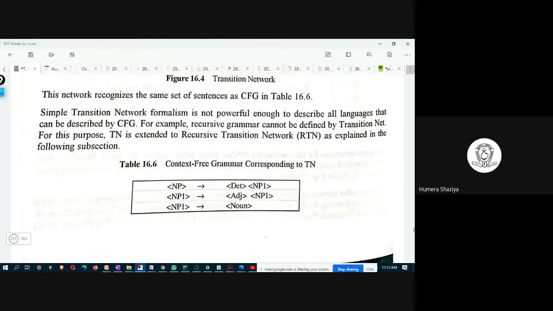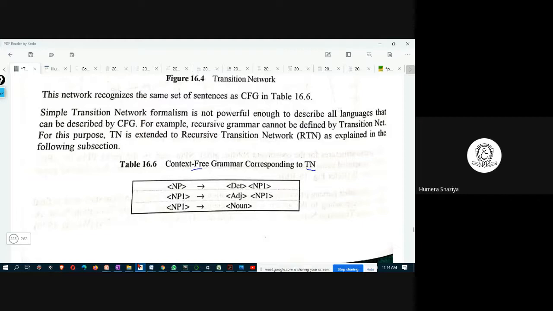This is the context-free grammar. Grammar means where it gives the rules, production rules. Context-free grammar corresponding to this transition network. Noun phrase is defined as determiner NP1, meaning noun phrase 1.